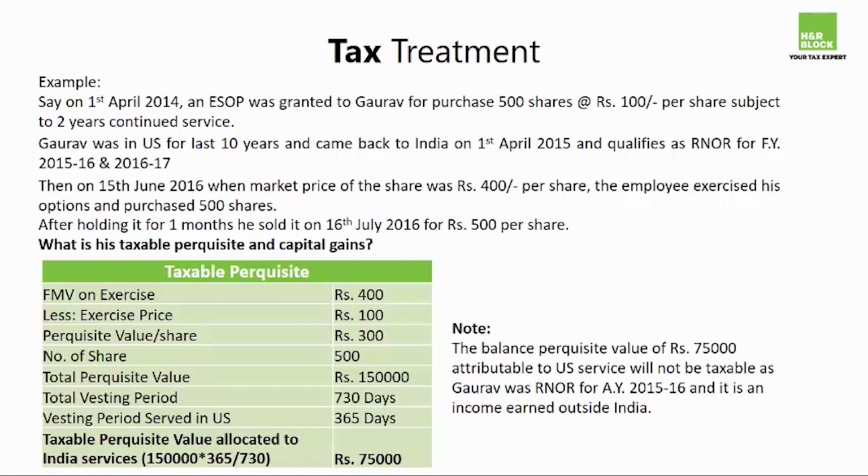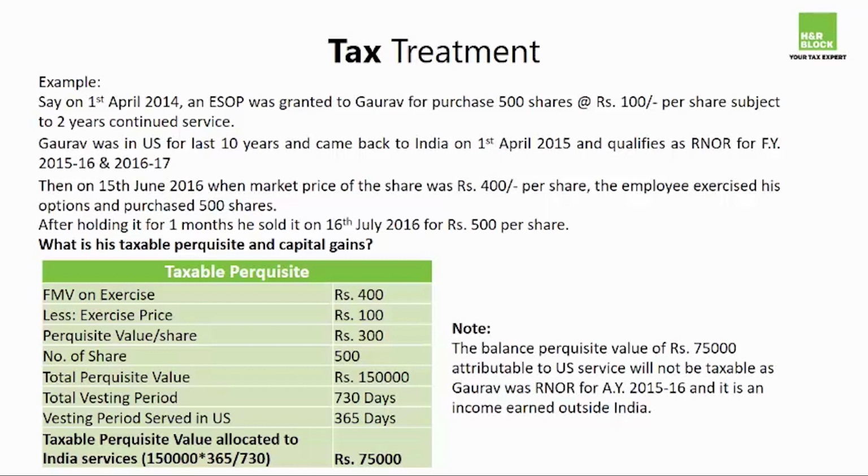So the perquisite value which will be allocated to India services is 1,50,000 into 365 divided by 730. So exactly half the amount will be allocated to India, that is 75,000, and the balance perquisite of 75,000 will be attributed to US services.